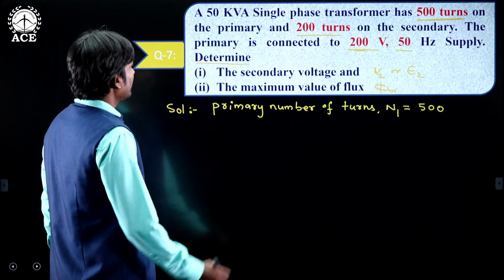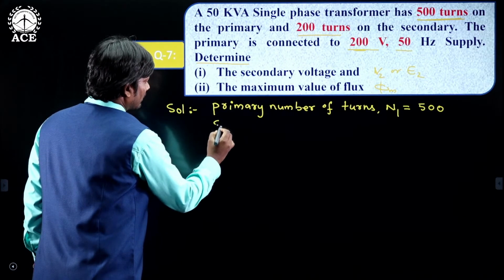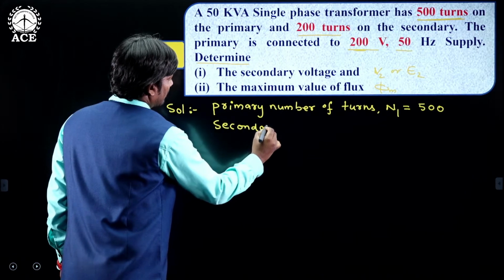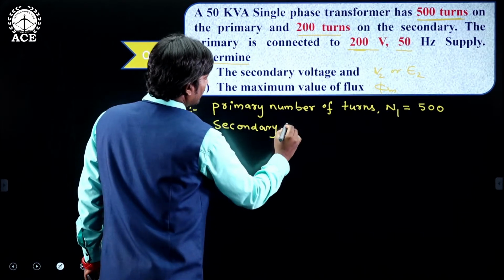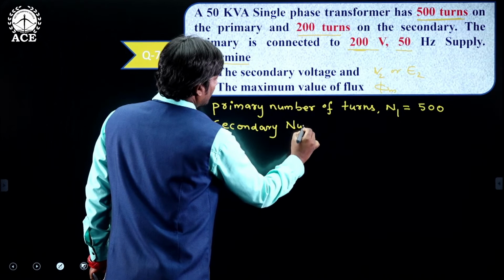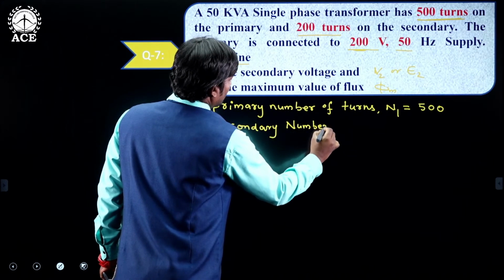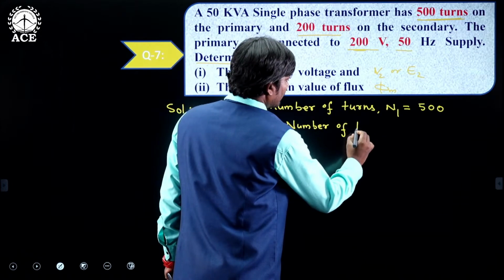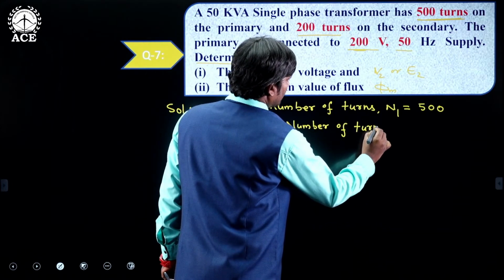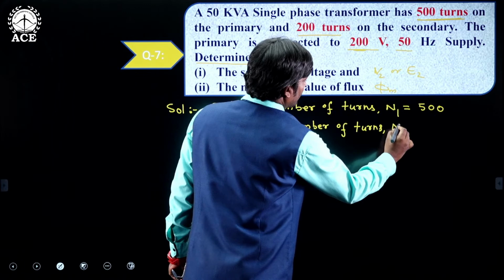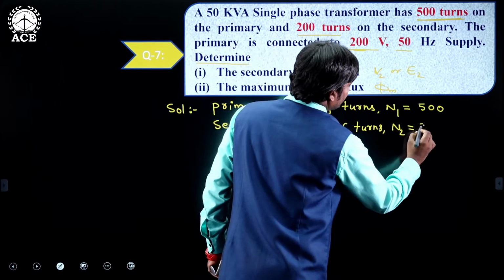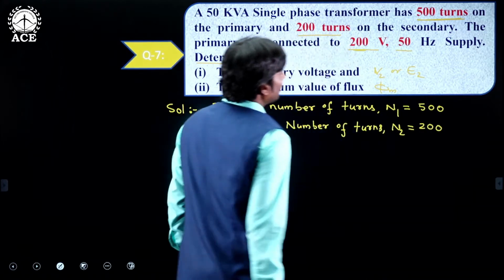Similarly, secondary number of turns N2 is 200, which is given.